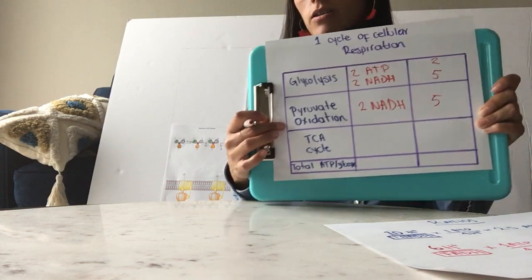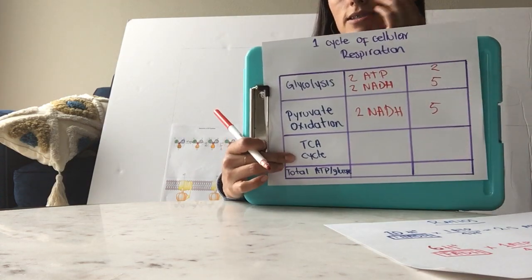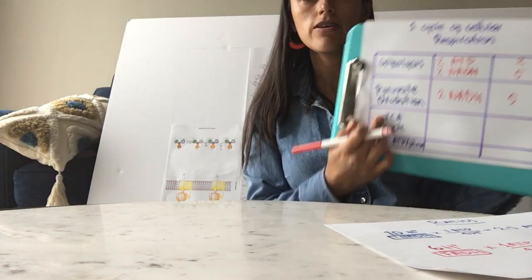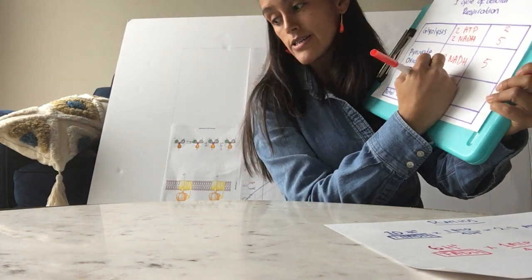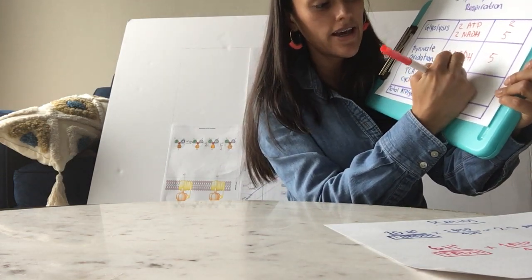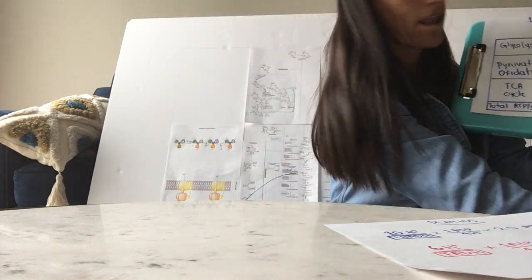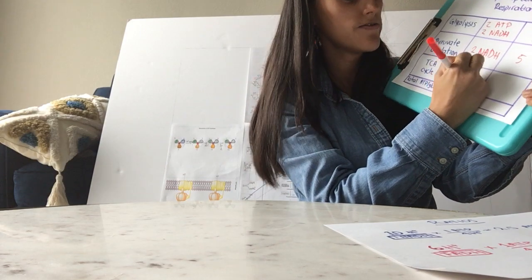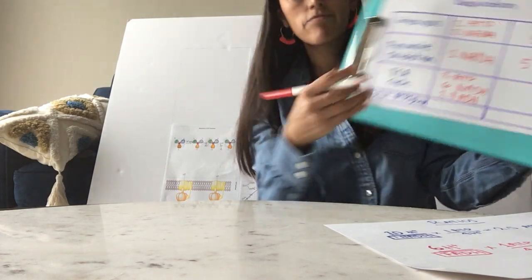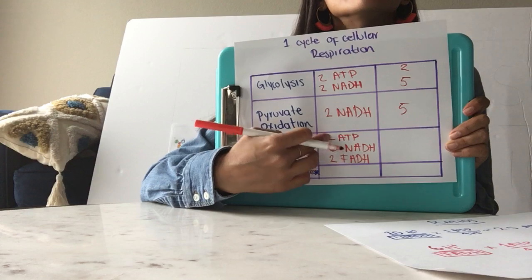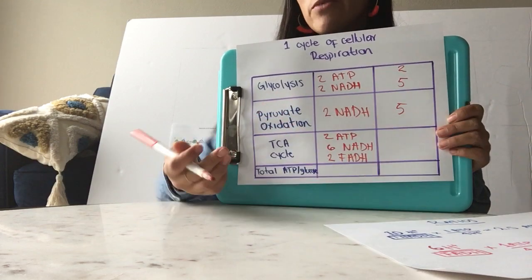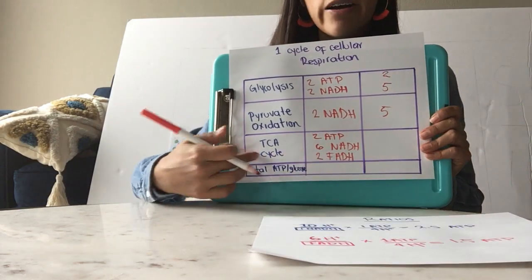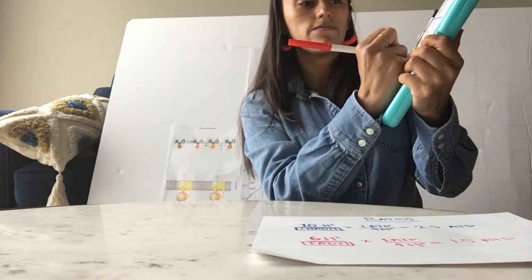Now, from the citric acid cycle, we know that we get 2 ATPs, we get 6 NADH per our previous explanation, and we have 2 FADH. That's the total in our citric acid cycle. So now we do our calculation again. The 2 ATPs are left alone.